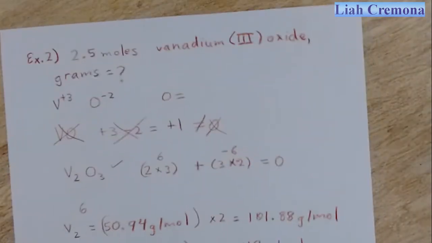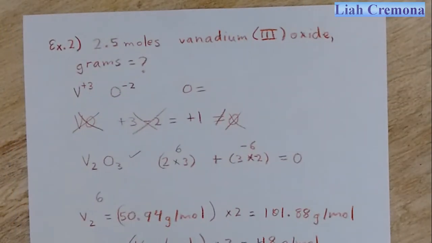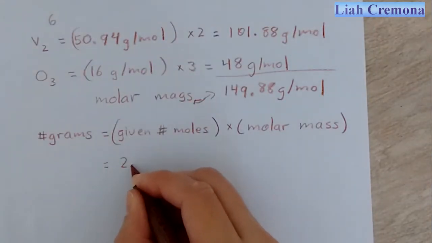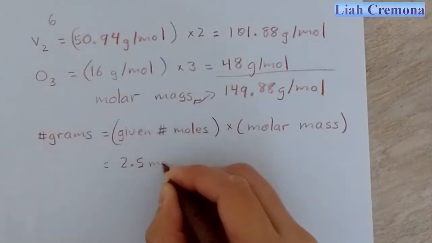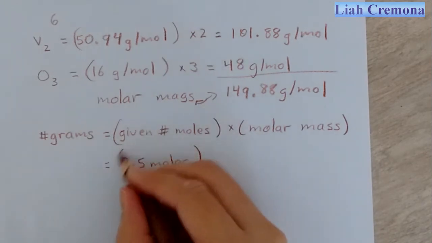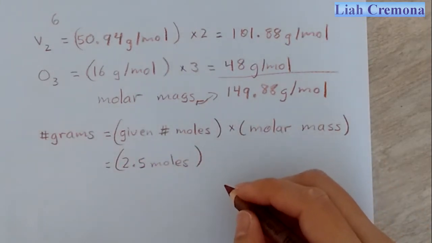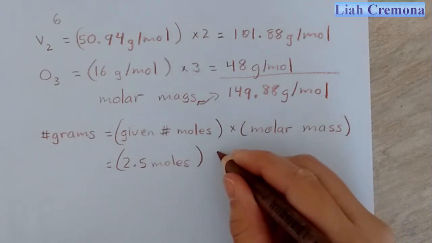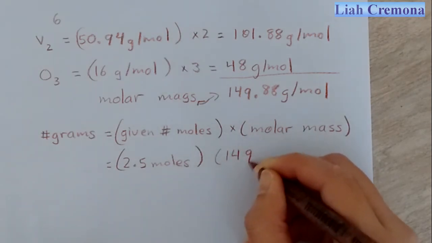Plugging in the numbers, the given number of moles was 2.5 moles. And we multiply that by the molar mass, which is 149.88.